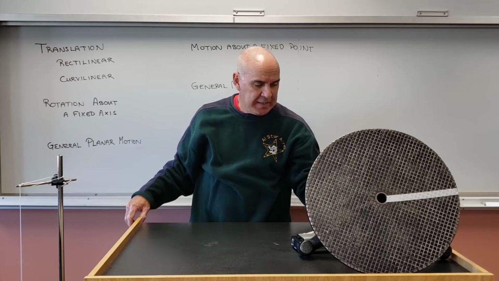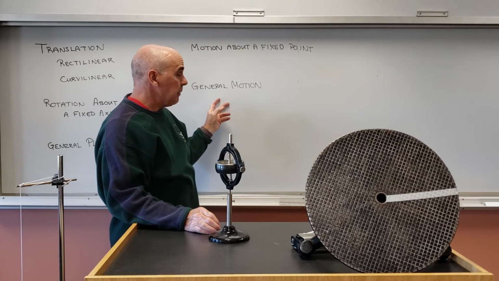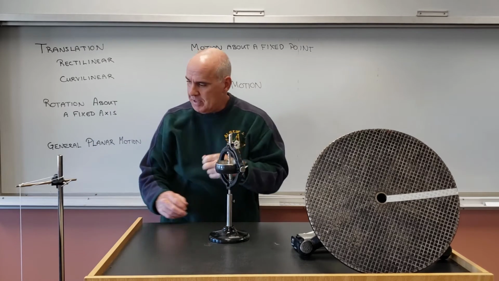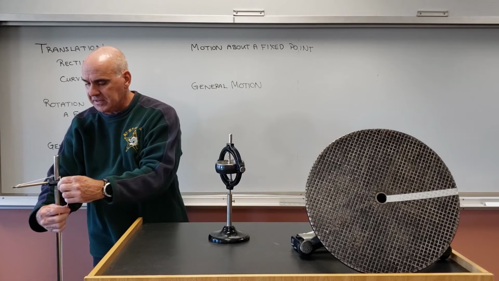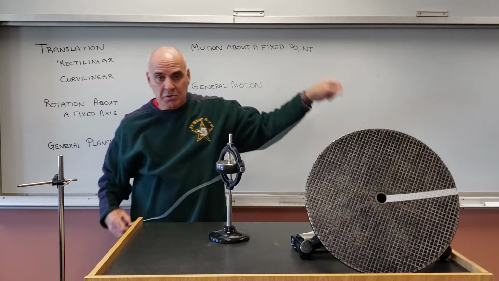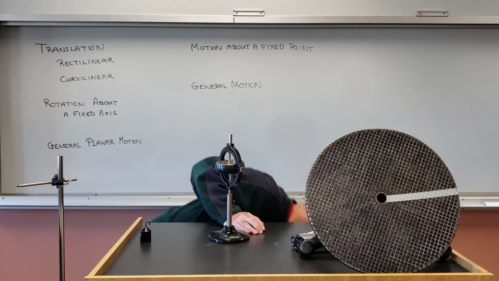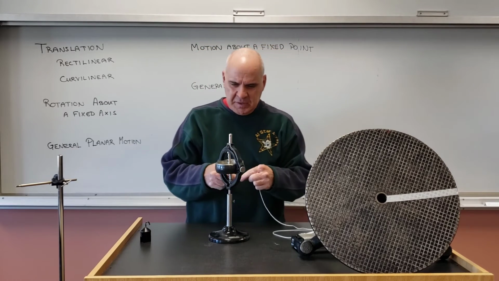And then finally we have general motion, not planar motion, general motion. And that's going to be a combination of the rotation about the fixed axis or fixed point, and translation and rotation. It's a combination of a lot of different things. And this gyroscope is a pretty decent example of that.